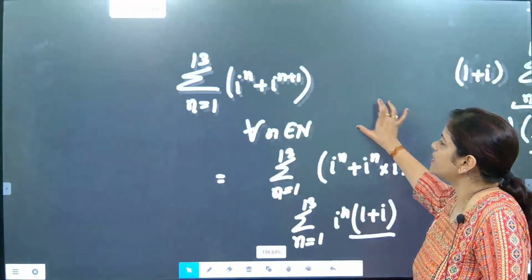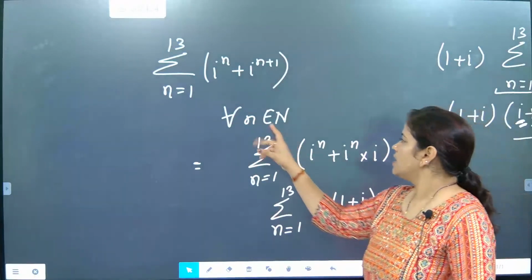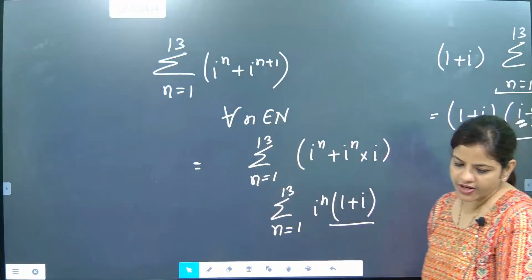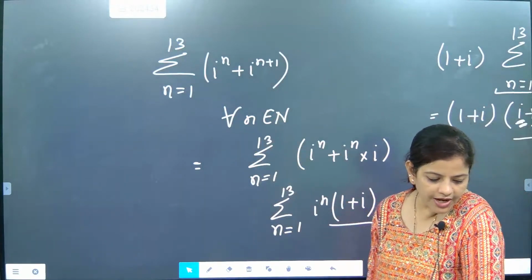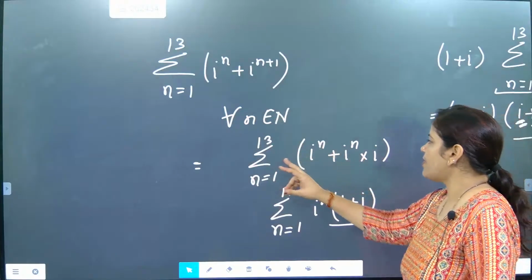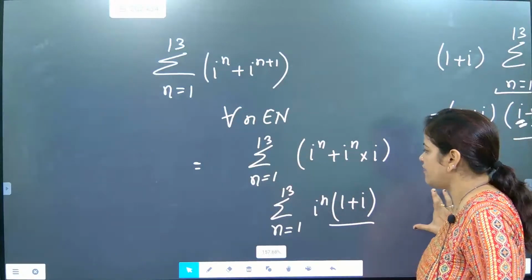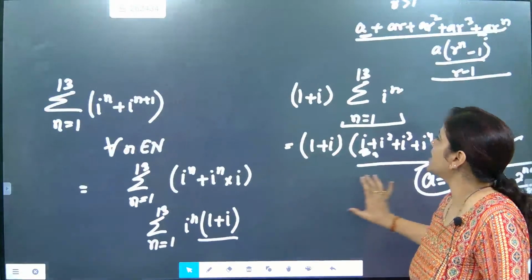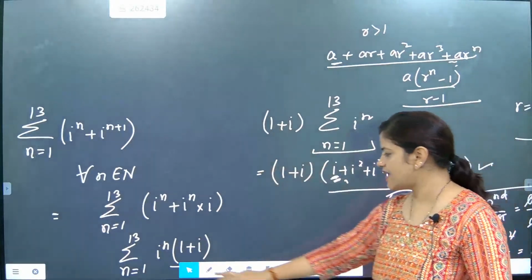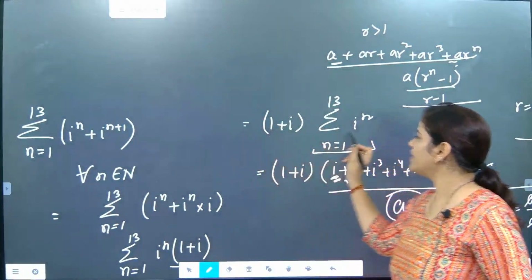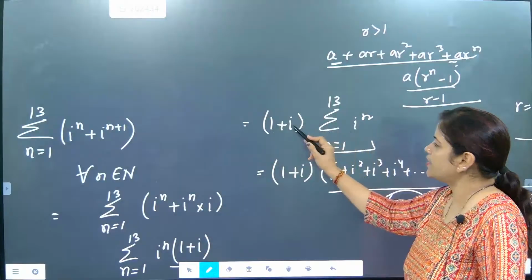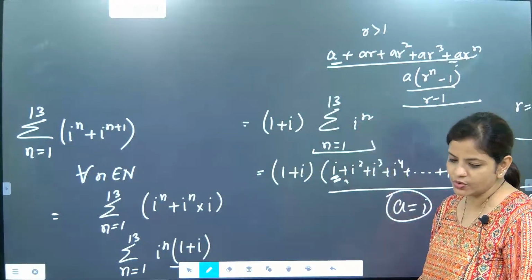What we did first is we took out i to the power n, and 1 plus i is left here. We kept 1 plus i as it is, and then only i to the power n will undergo summation, n is equal to 1 to 13.